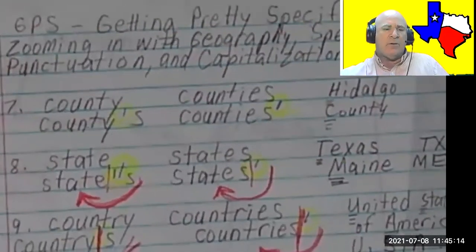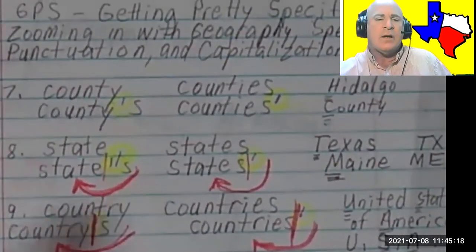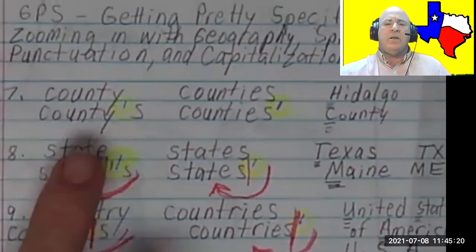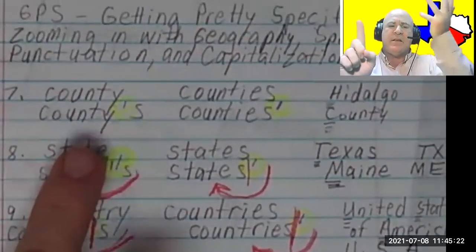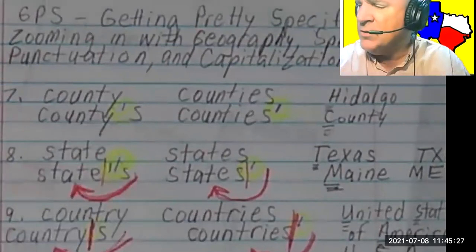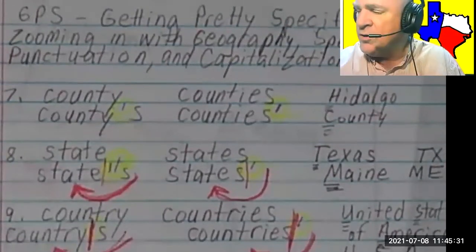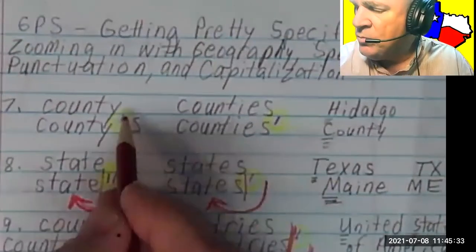Then I would suggest you say the second portion, county, singular, possessive. And if you notice, I'm going to make sure that you see I've done a yellow circle there. It's very hard to see yellow when you're doing a Zoom lesson.